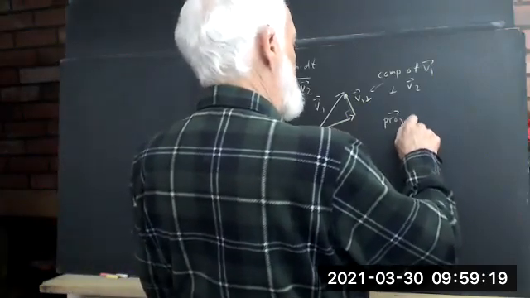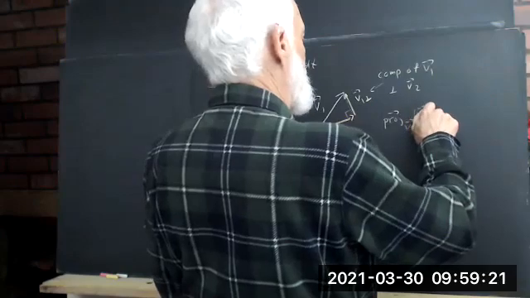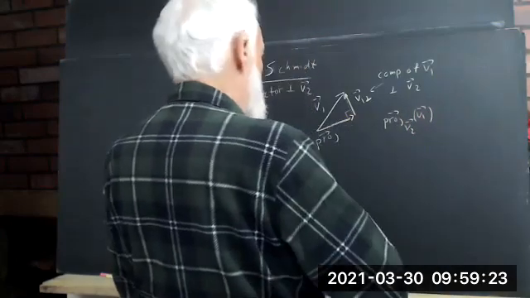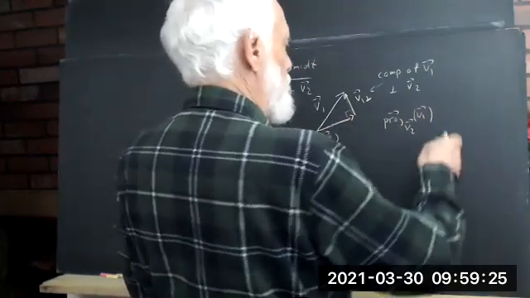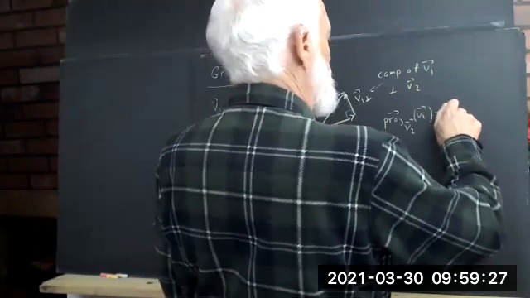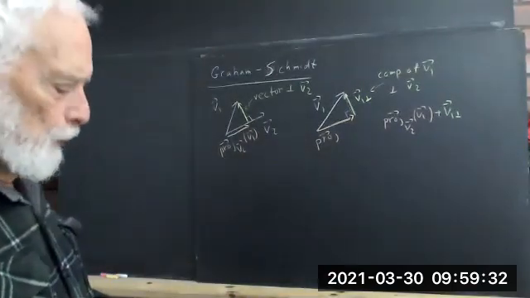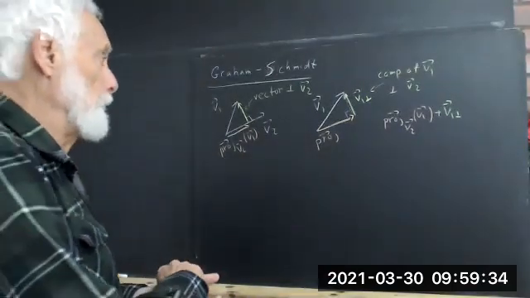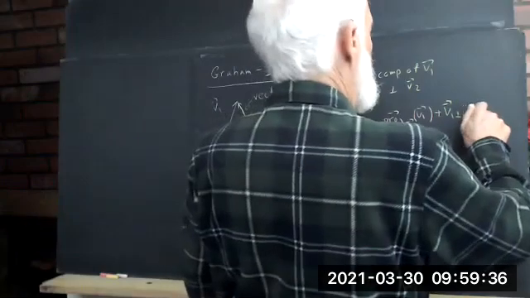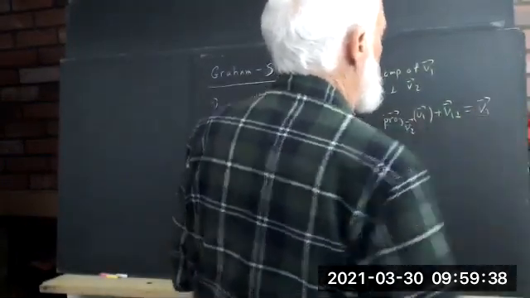Projection on V2 of V1, plus the vector I denote as V1 perpendicular, equals V1.